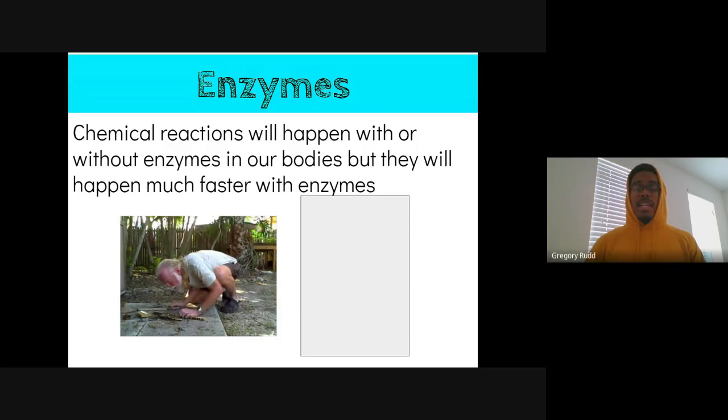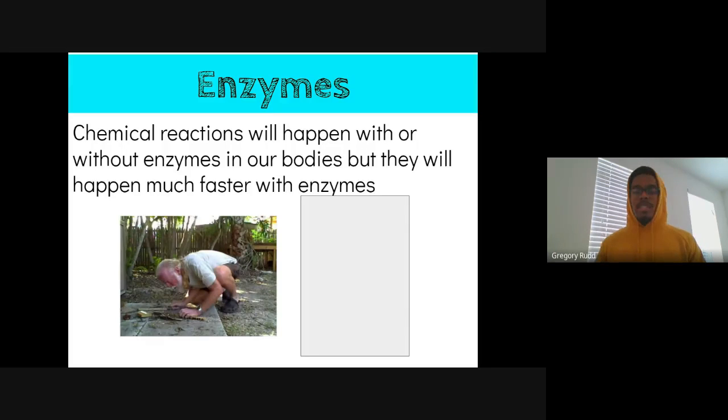The process of breaking down the fats that you eat or that your body stores, that's a chemical reaction. So these happen all the time. The problem is, without enzymes, they would be happening very slowly. So enzymes are what allow our bodies to do these chemical reactions faster in a way that allows our lives to carry on.